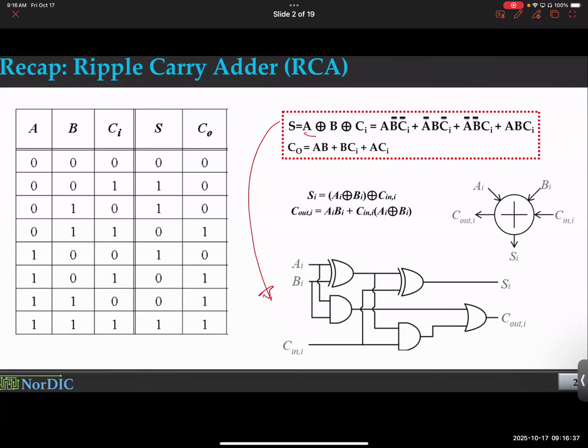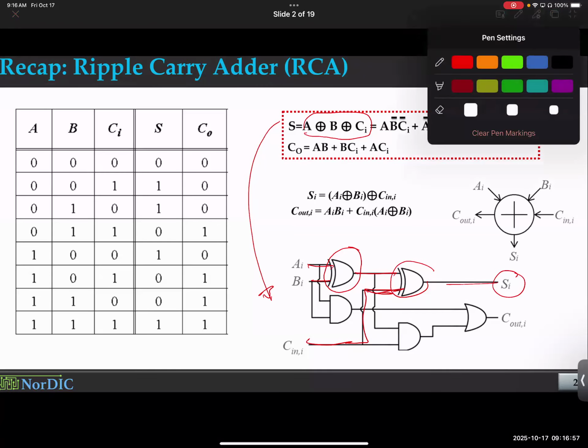Notice, if you have A XOR B XOR C as your sum, take an XOR gate. This is the symbol of an XOR gate. You're taking A XOR B and you're doing an XOR with C here. So this is your sum. This is your carry in. So you're using 2-input XOR gates, 2 of them, to do a 3-input XOR.